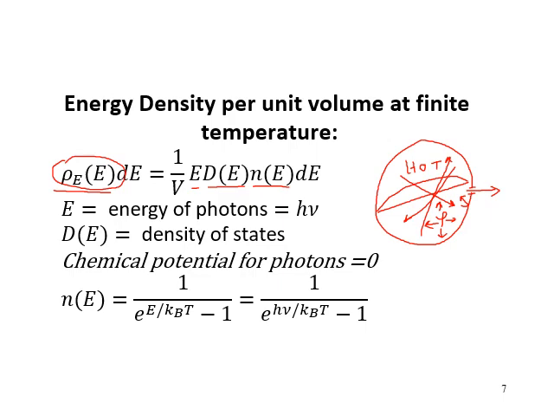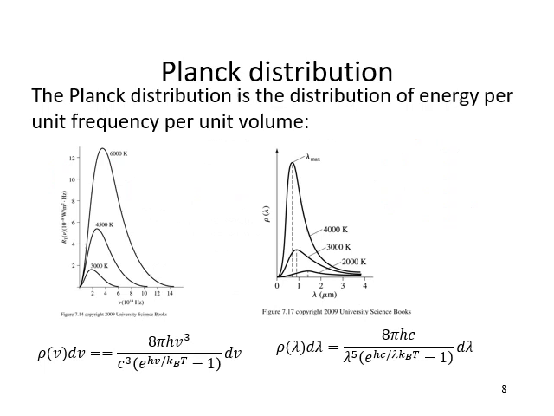That's the density of energy, the energy density. So we put all of that together, and there's an extra equal sign here that shouldn't be there. We put all of that together, and we get what is called the Planck distribution function. That's the distribution of energy per unit frequency per unit volume in the box.